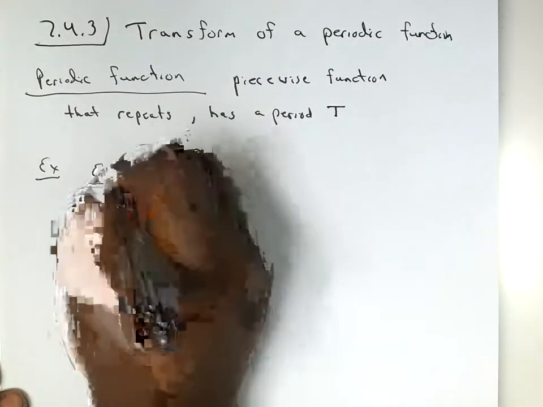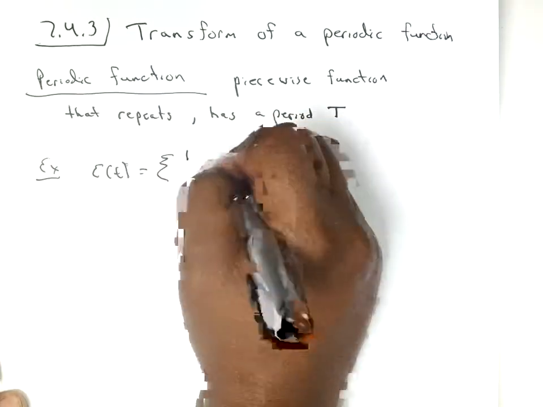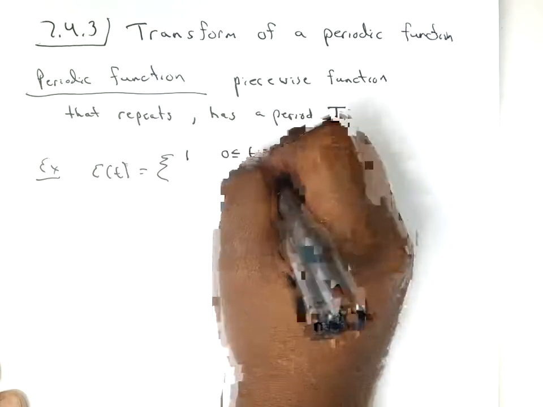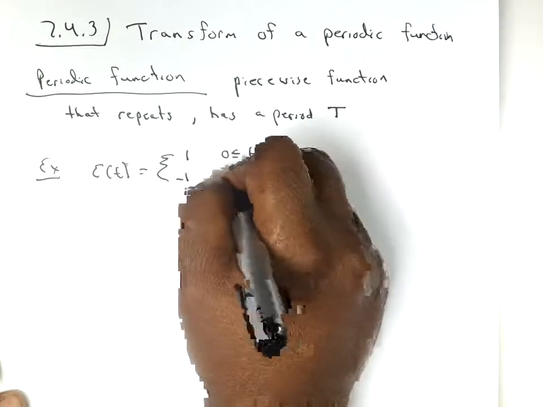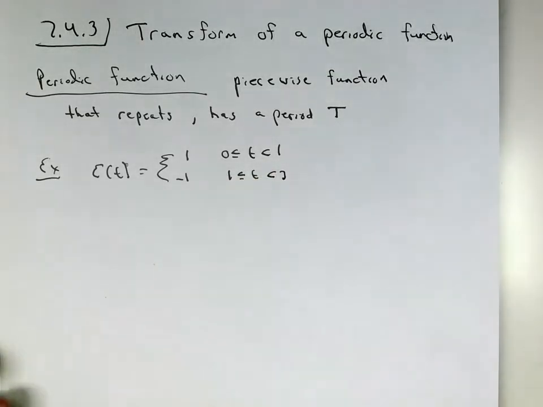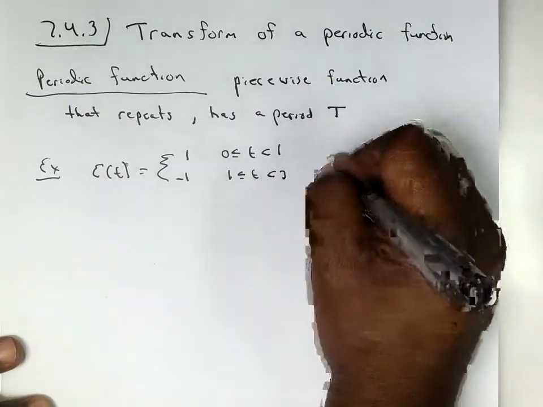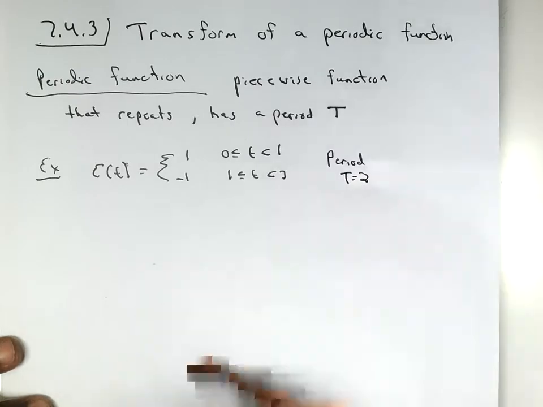So let's look at the function f of t, and it's going to be 1 when t is between 0 and 1, and it's negative 1 when t is between 1 and 2, and the period here is T equal to 2.